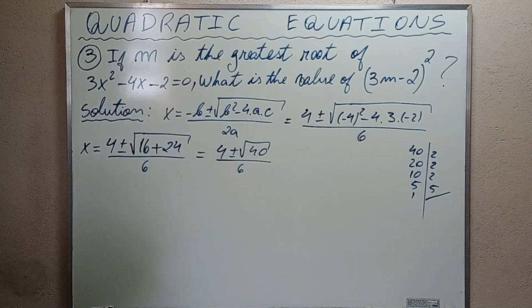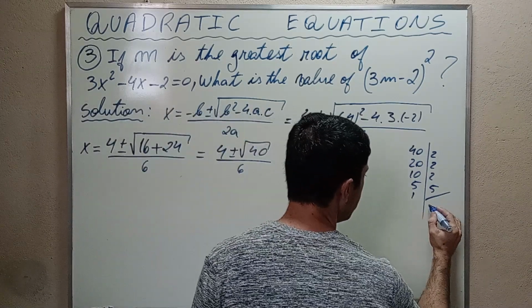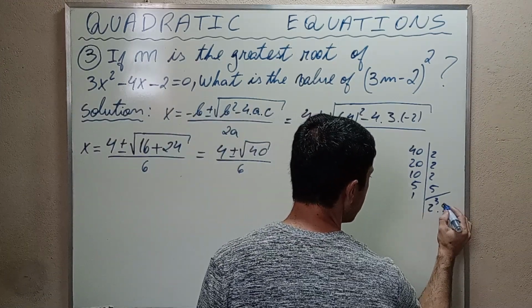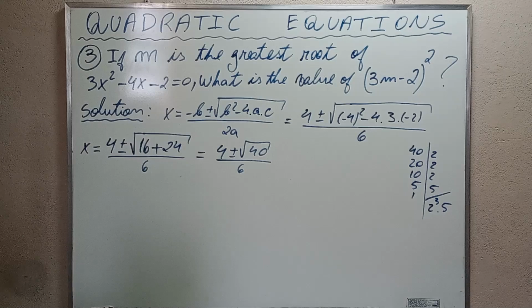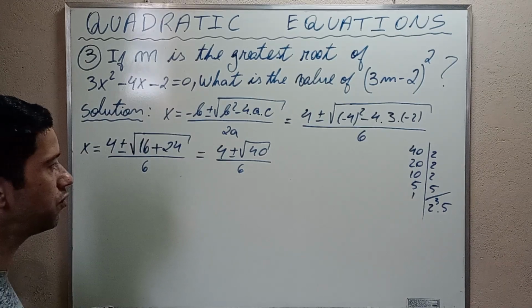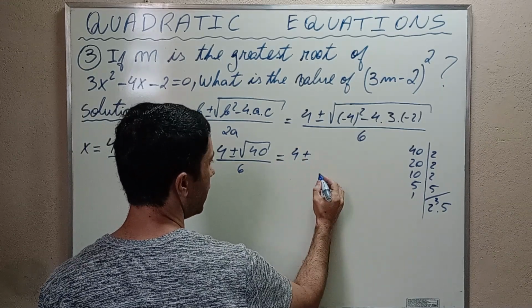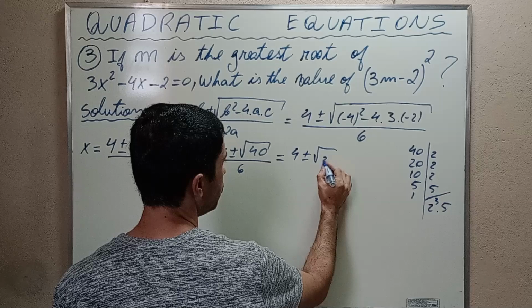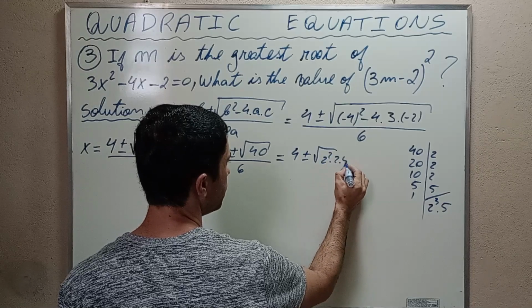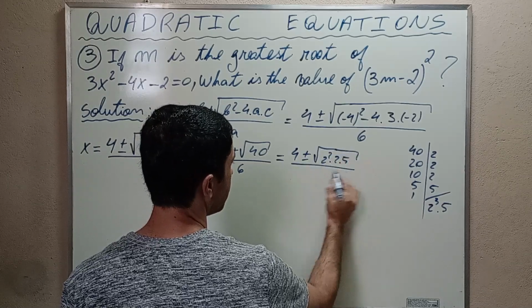So 40 can be written as 2 cubed times 5. We are going to use it here, but instead we are going to write it in this way. This is equal to 4 plus minus the square root of 2 squared times 2 times 5 divided by 6.